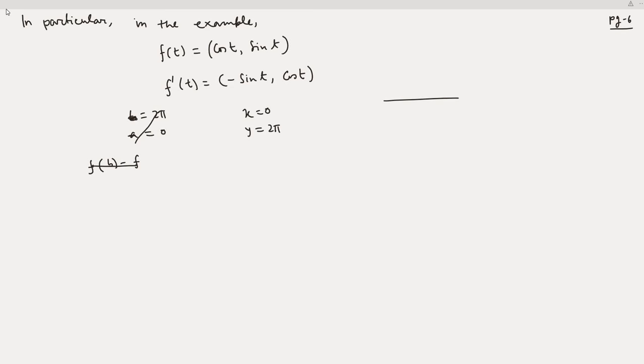So we must have some point c in between such that f of 2 pi minus f of 0 equals (a1, a2) dot product with f prime of c, that is (minus sin c, cos c), times y minus x, that is 2 pi, and the left hand side is 0.